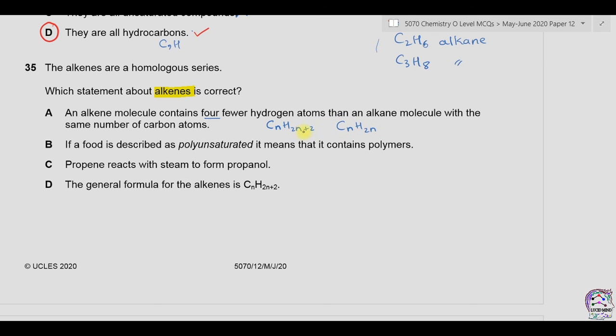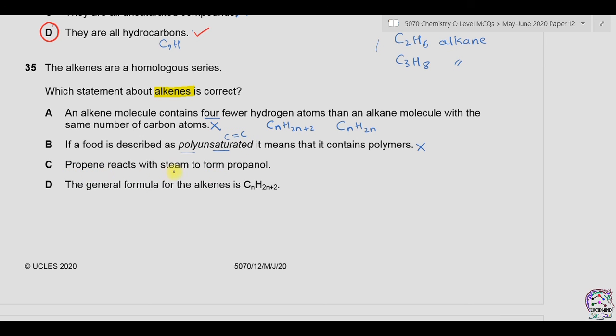So we can see that there are 2 fewer hydrogen atoms in alkene as compared to alkane. So this is wrong. B. If a food is described as polyunsaturated, it means that it contains polymers. Now this is wrong because polyunsaturated means many double bonds. Unsaturation is the term used for carbon-carbon double bonds.